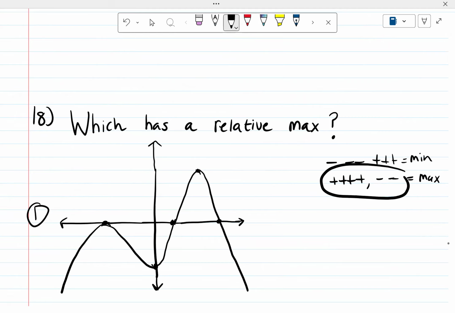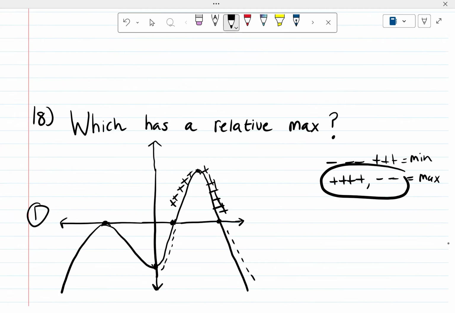Let's look at graph one. Over here, you're going minus, going downhill, and then you're solidly going up. And then this is also a plus, and then this is a minus. So I think it's this one because graph one has a max and a min.